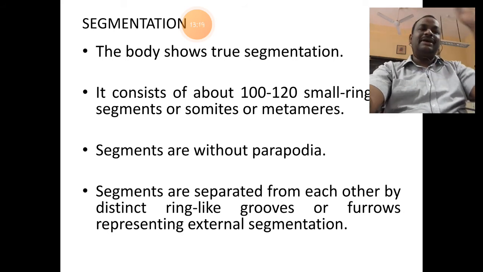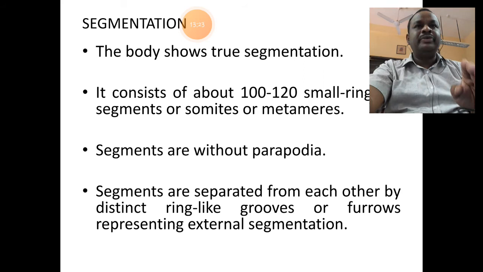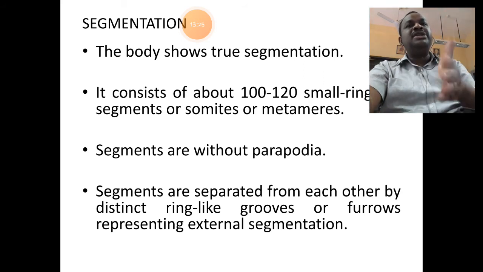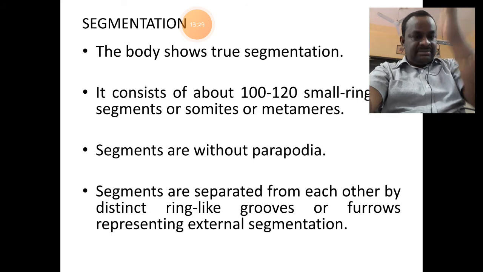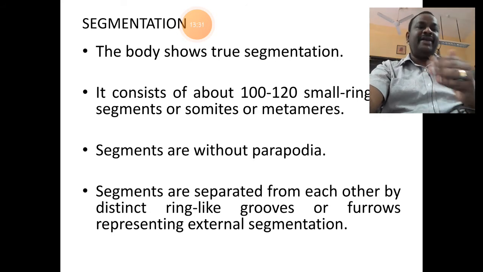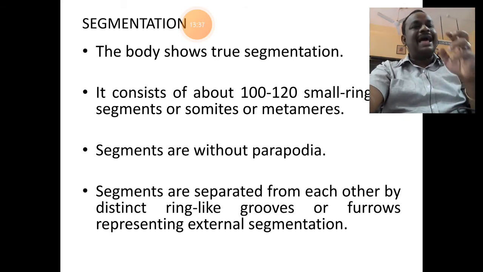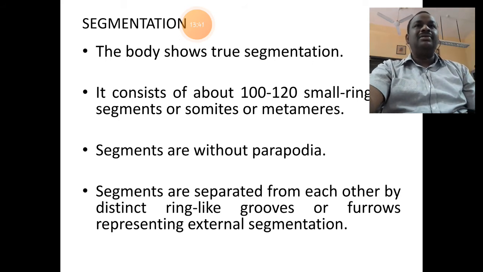So, the outer surface has grooves called dorsal grooves, and inside they continue to form the septum, which deepens into the body of the organism, dividing the body cavity into a number of chambers or partitions. Students, this kind of body division is called metamerism or segmentation.